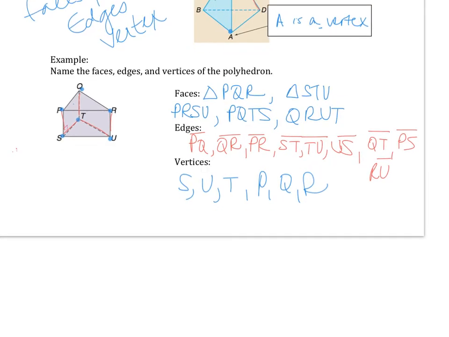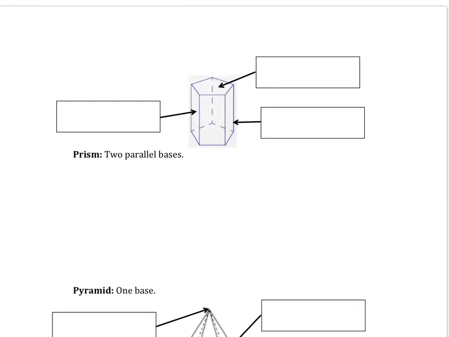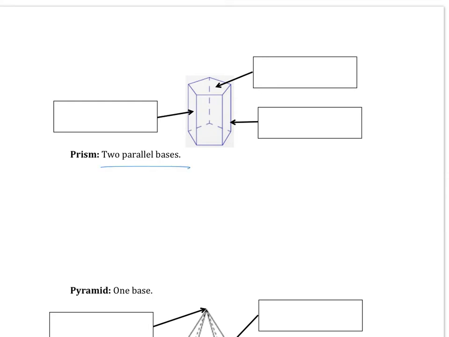All right. So now we're going to go into a prism. The big thing about that one is it has two parallel bases. So I've got this top base, and then I've got that bottom base, which is the same figure right down here. So here are my two bases. This line right here, that side, is called a lateral edge.